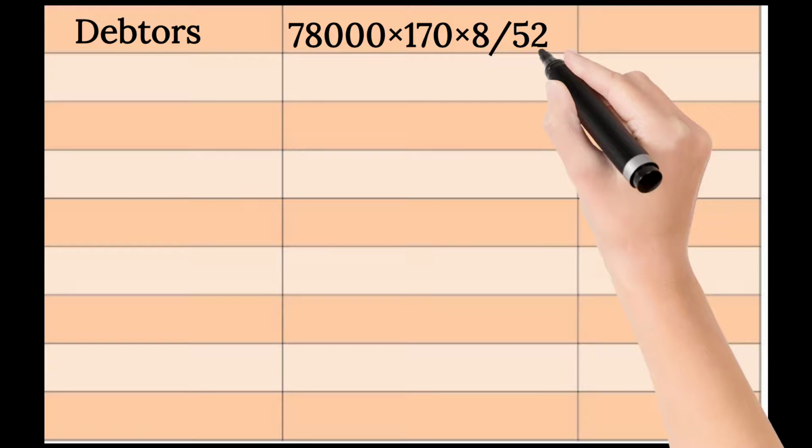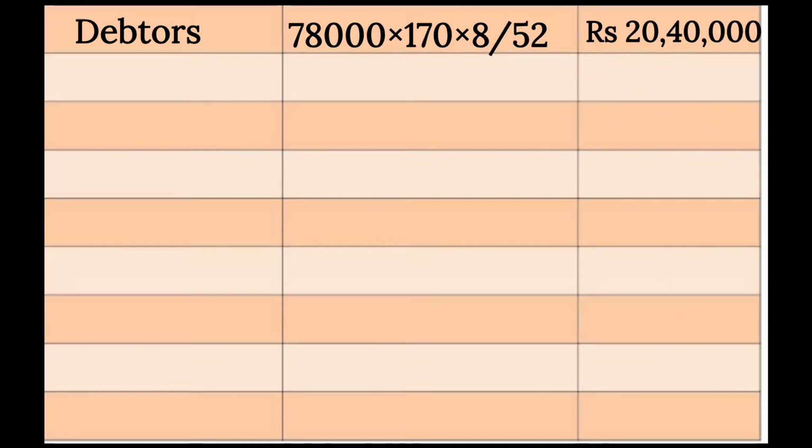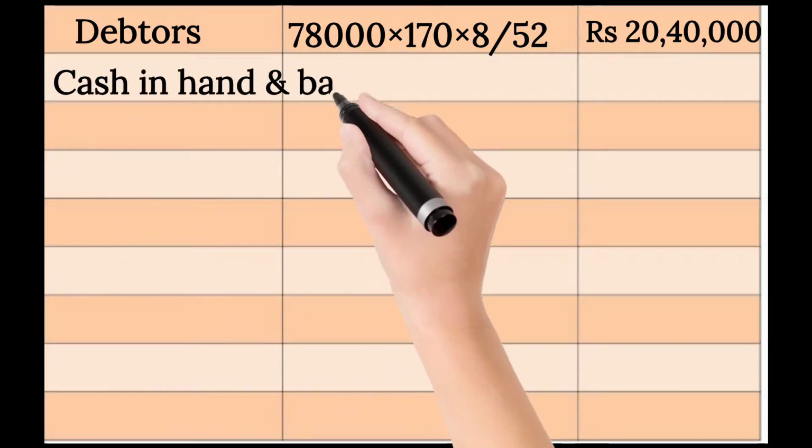Why 8? Because the debtors holding period was 2 months. And 52 because the total weeks in a year is 52. So 78,000 into 170 into 8 divided by 52 is rupees 20,40,000.